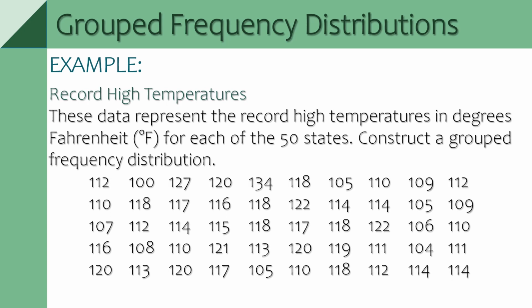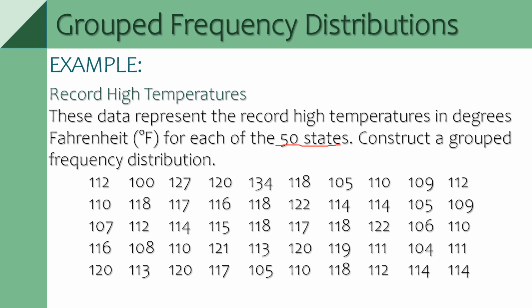Okay, so let's try this one. Record high temperature. These data represent the record high temperatures in degrees Fahrenheit for each of the 50 states, construct the group frequency distribution. So 50 state ang nakalagay dyan. So therefore, meron tayong 50 raw data.